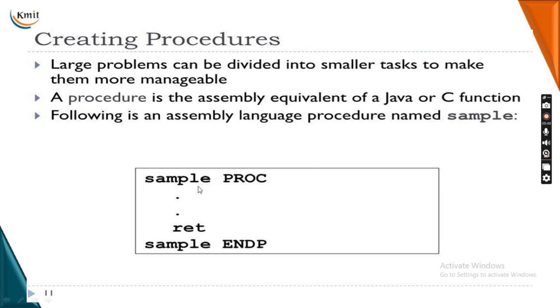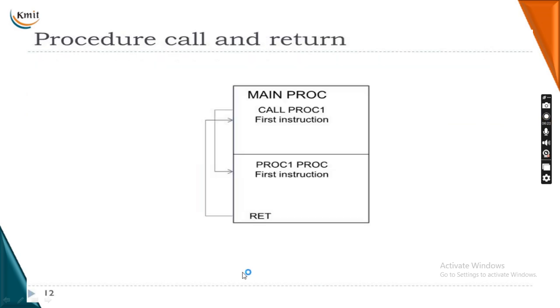I have taken here a sample variable name, sample proc. Whatever program is required is written here, and at last we have ret and sample endp. So this is the format for creating a procedure: variable name proc, then whatever instructions are required for the procedure, then ret and sample endp. This is how you need to create a procedure.